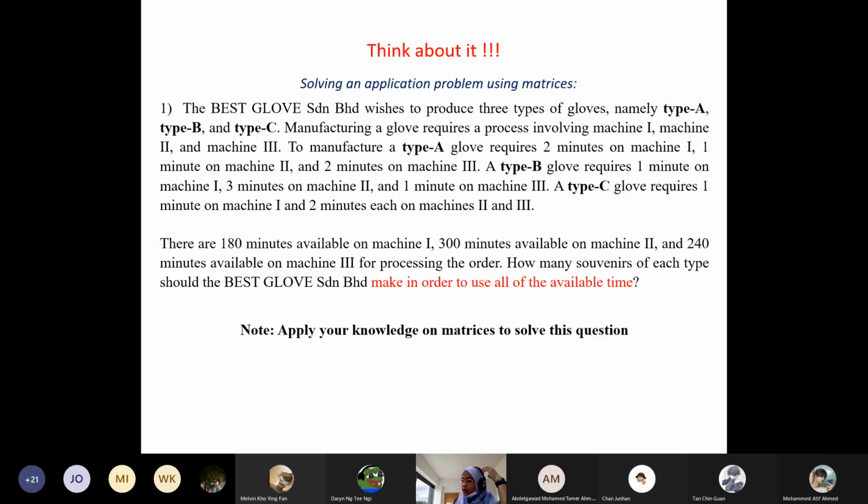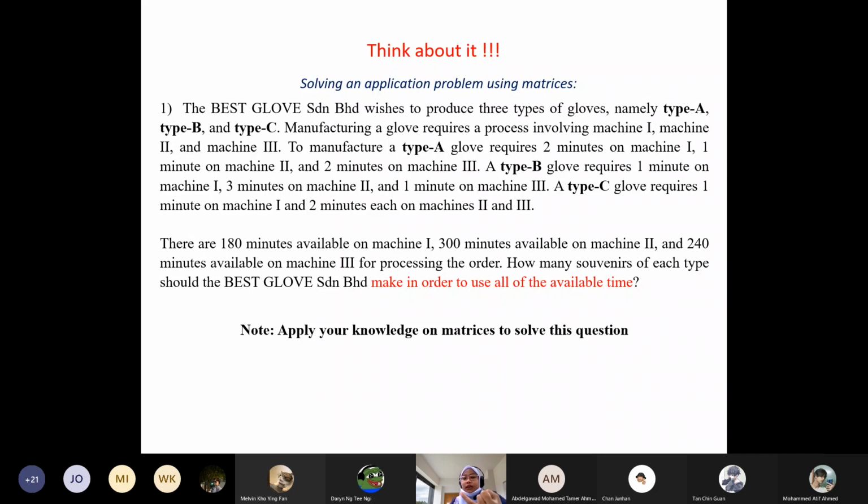For chemical engineering, there are still a few applications of matrices, but not much. I believe you mostly use differentiation and derivation, for example in heat transfer and mass transfer, most of it using differentiation and integration.